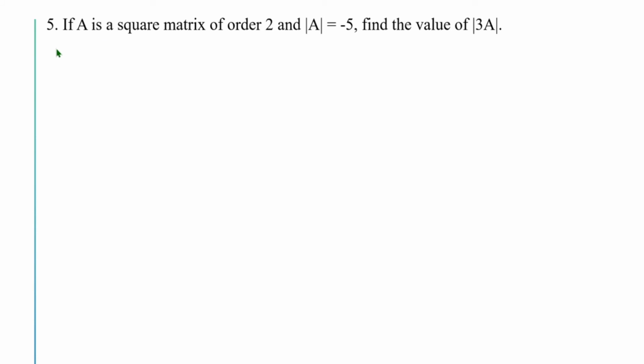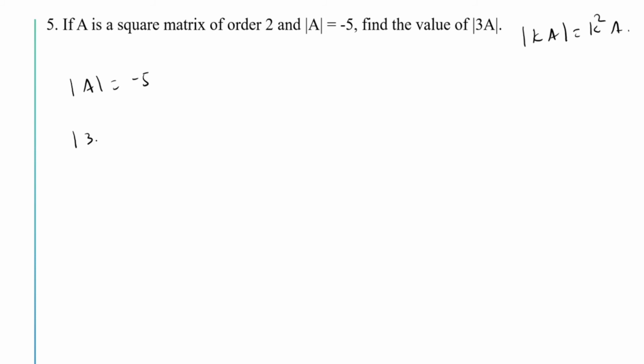So here it is given, if A is a square matrix of order 2 and determinant of A is equal to minus 5, find the value of determinant of 3A. We just now saw if A is a square matrix of order 2, then determinant of kA is equal to k square into determinant of A. So here determinant of A is equal to minus 5 is given.